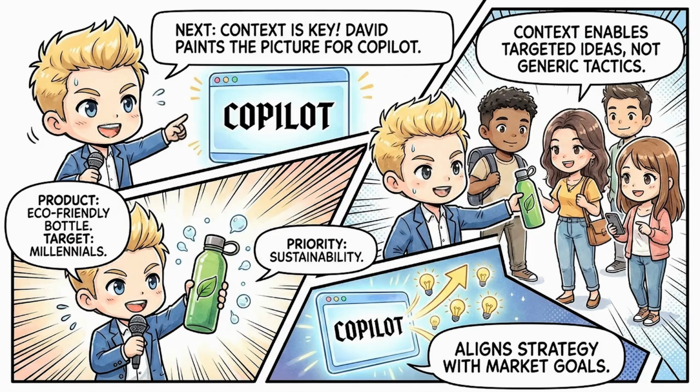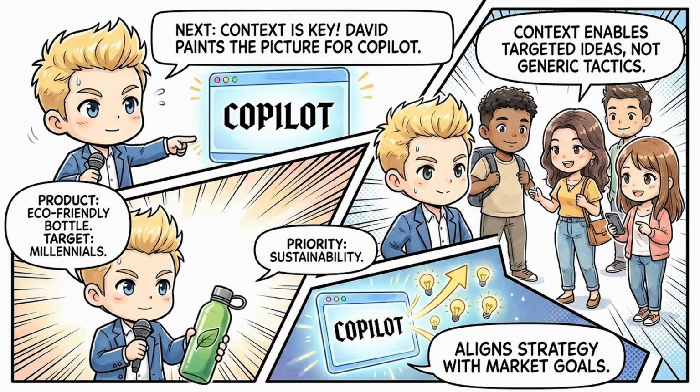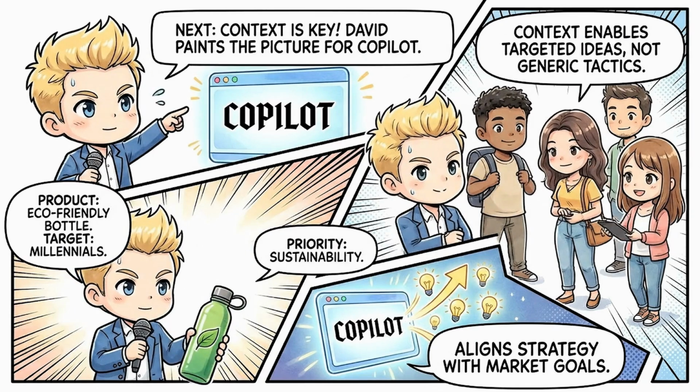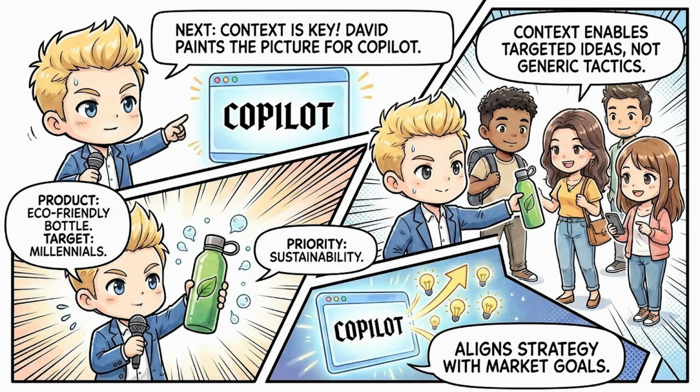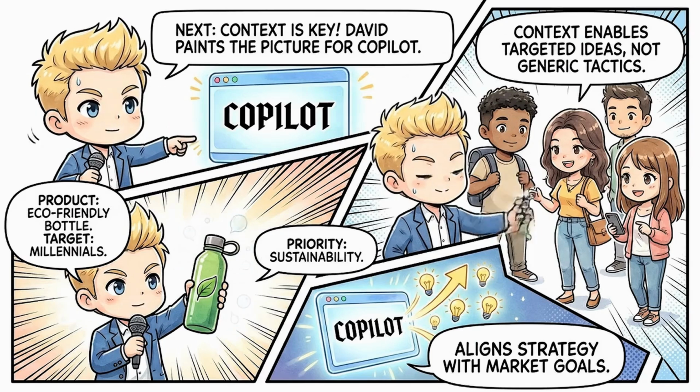This crucial contextual information enables Copilot to move beyond generic marketing tactics and instead generate ideas that resonate with the defined demographic, aligning the strategy with Contoso's specific market objectives. Without this context, Copilot would have no way of knowing the nuances of the product or its intended consumer base.